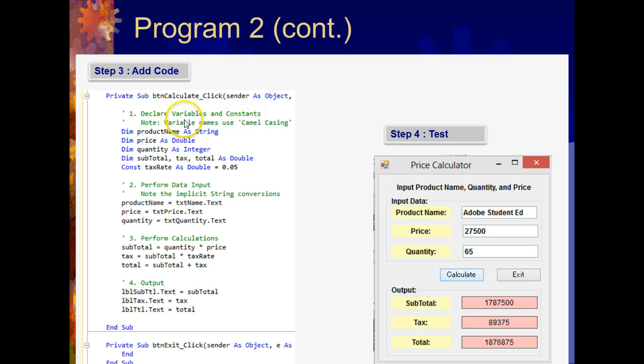Then we perform the input. So this is just declaring them. Then we need to assign them the values that come from here. And then we'll do the calculations. So pretty simple calculations. And then we'll output the results. Okay, so we're going to do it like that.